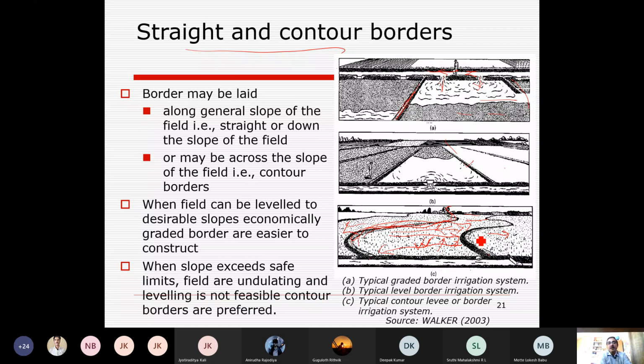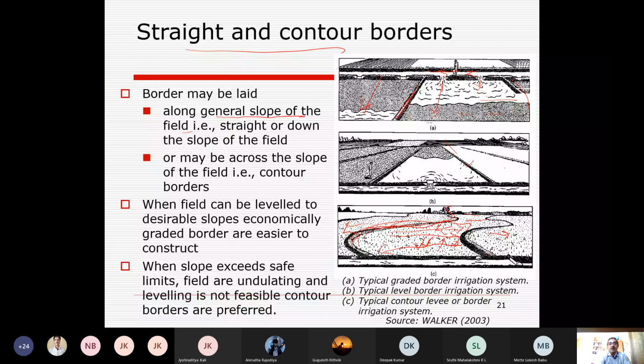So borders may be laid along the general slope of the field, that is straight or down the slope of the field, or they may be across the slope of the field. That is basically the contour condition, contour borders.